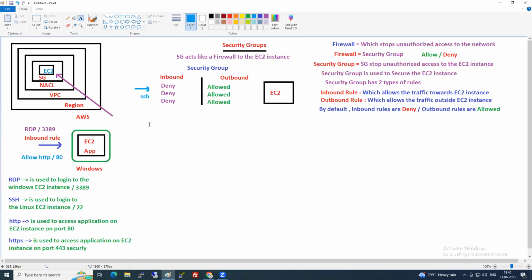In inbound rules, we only allow. It is not possible to deny.